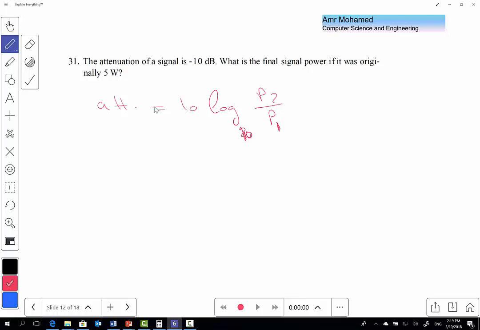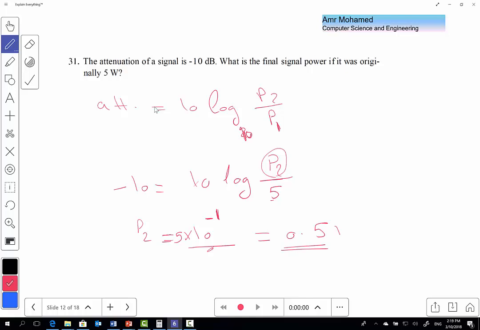Okay, so minus 10 equals 10 log P2 divided by 5. So we need P2. Easily, P2 equals 10 to the power minus 1 times 5. So that's 0.5. Okay, so 0.5 watts. Do not ever forget the unit.